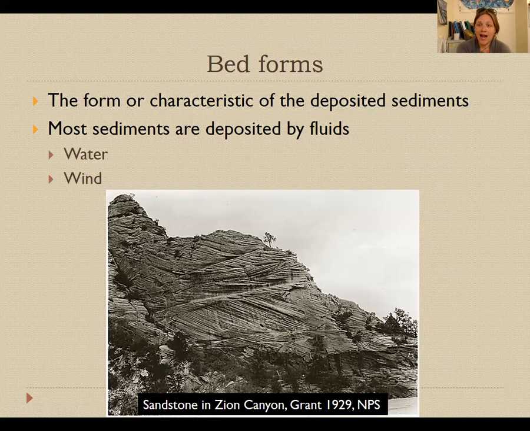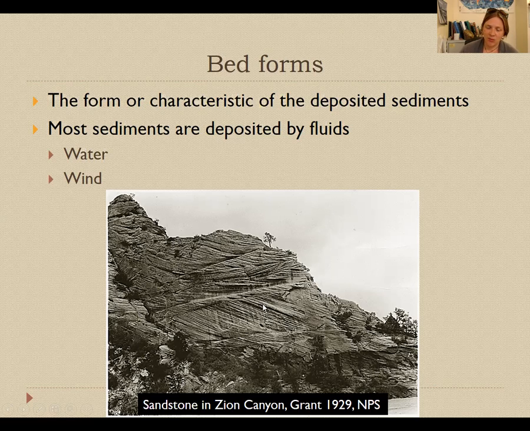Okay, so there's other kinds of bed form interpretations that we can make. Bed forms are generally about the shape of the bed and tell us about how that fluid was deposited. Most sediments are deposited by either water or wind, and you can see these different sediments deposited in Grand Canyon State Park in this classic photograph taken in 1929.